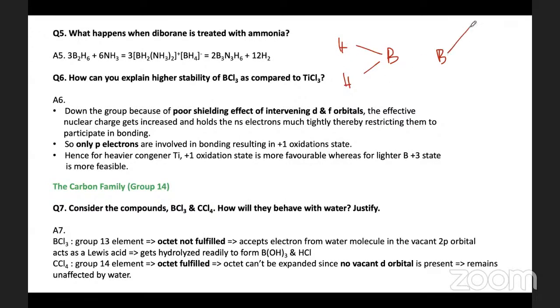On the other boron also, the structure is similar. So we are left with 4 hydrogens. To complete B2H6, we have to add 2 more hydrogens. So here is 1 hydrogen, and another one is this hydrogen.